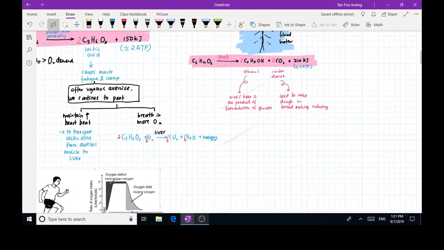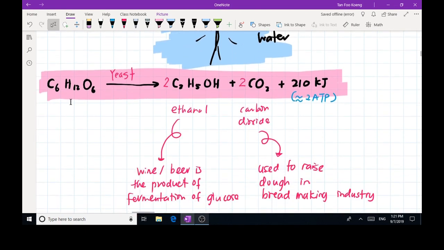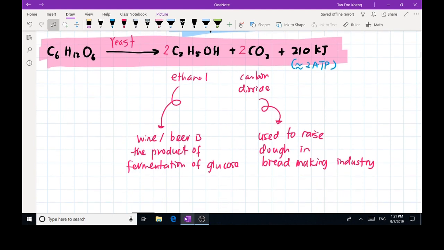Okay, then next part. What if the plants' roots are submerged in flood water over a long period of time? For your information, in order to survive, the plants must carry out anaerobic respiration. But ethanol is actually toxic. The accumulation of ethanol is going to kill the plant cells. At what concentration of ethanol will the cells start to die?